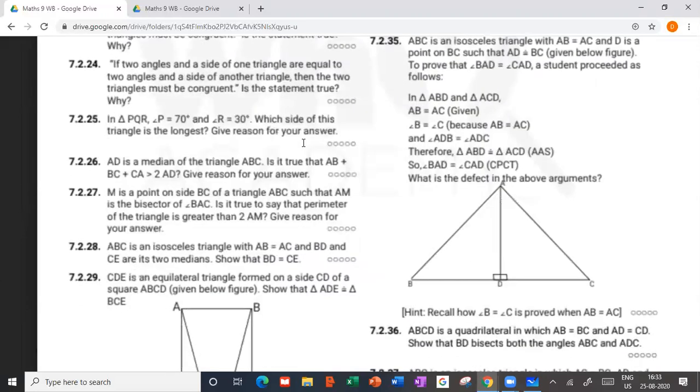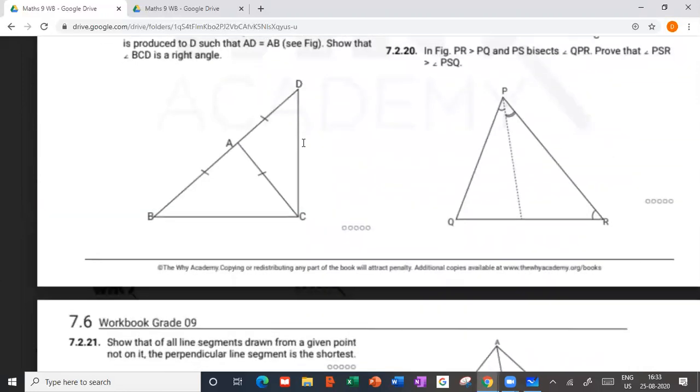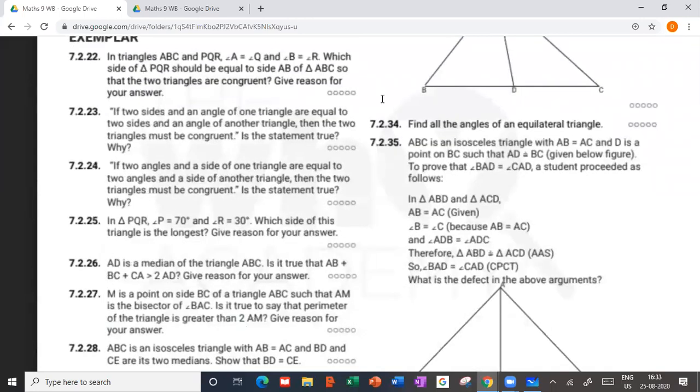Try doing the exemplar questions today, tomorrow. On Thursday, when we meet, we'll discuss if you have any doubts. If no doubts, we'll go to level 3.